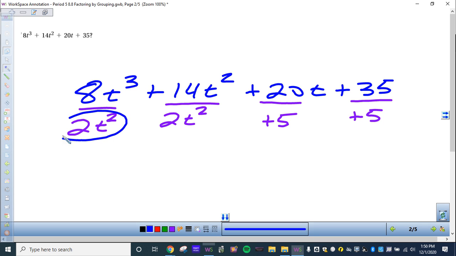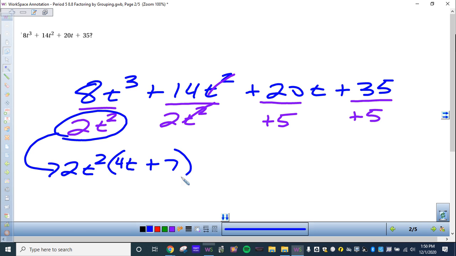And now we take that 2t squared, write it in front of the parenthesis, and then 8t cubed divided by 2t squared is 4t. And then 14 on this fraction, the t squareds are going to cancel, and 14 divided by 2 is 7.